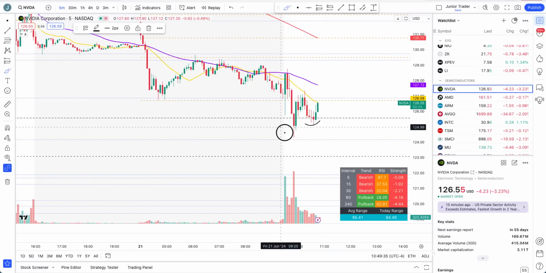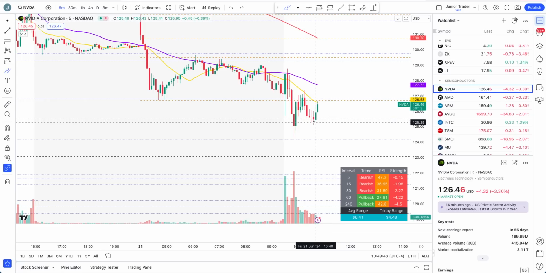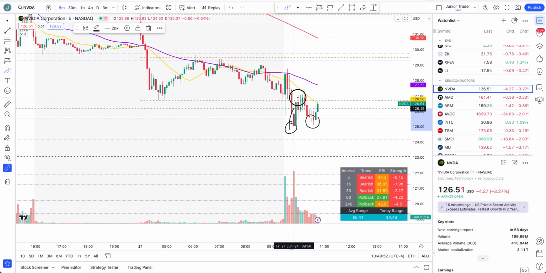Already a pivot of a higher low on intraday for quick trading, and potentially a double bottom at that very level of 125.50 or 60, which means technically this could have been taken as a little bit of an intraday scalp play.